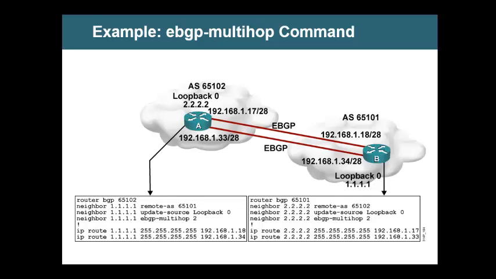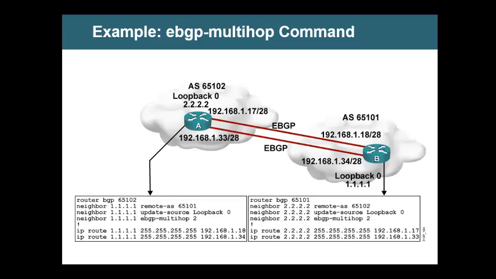Only if you have redundant paths, it is good to have loopback to loopback neighborship. If you are using loopback to loopback neighborship, then you need to make sure that you increment the eBGP multi-hop. Using eBGP multi-hop, you increment the TTL value, because the default TTL value is 1. If the default TTL value is 1, it will look for directly connected in the routing table, which is not going to be true when we write a static route to reach the loopbacks.